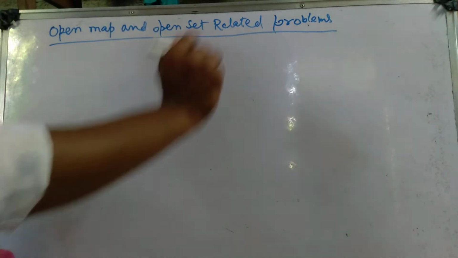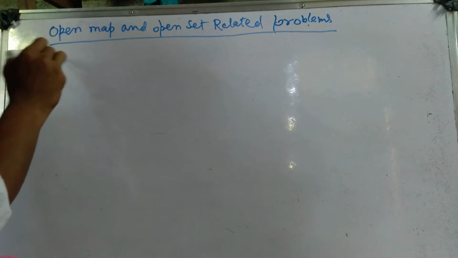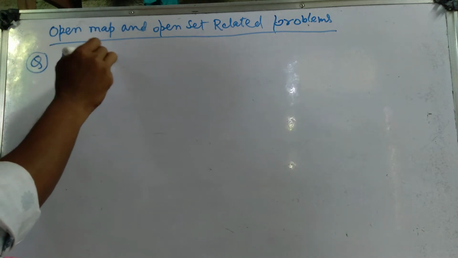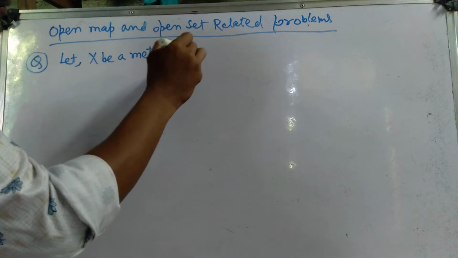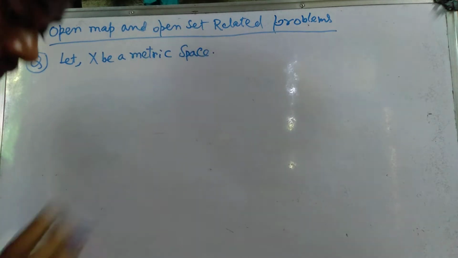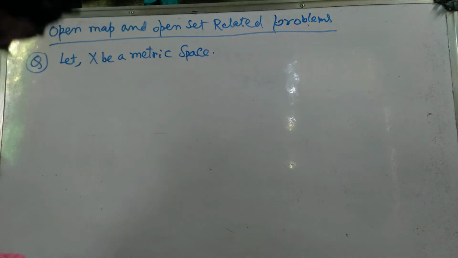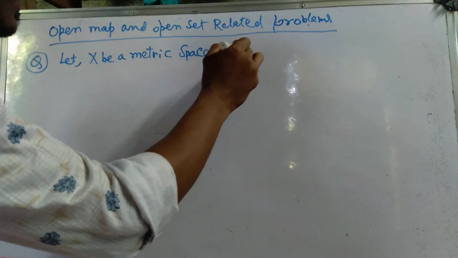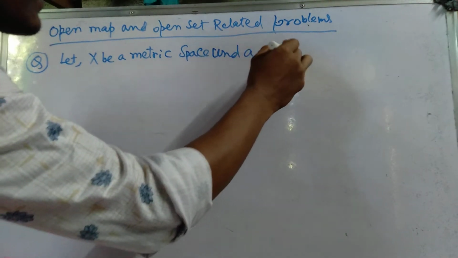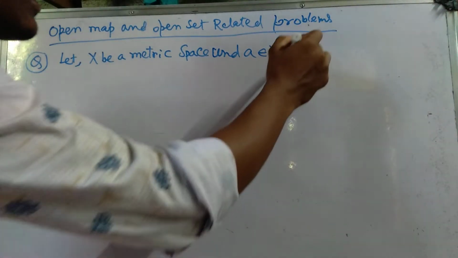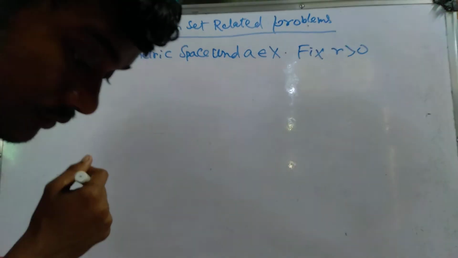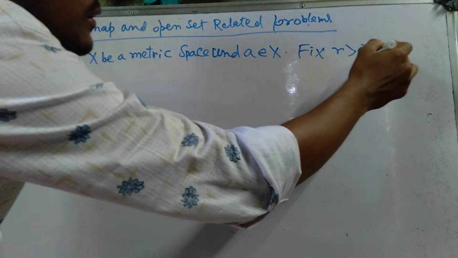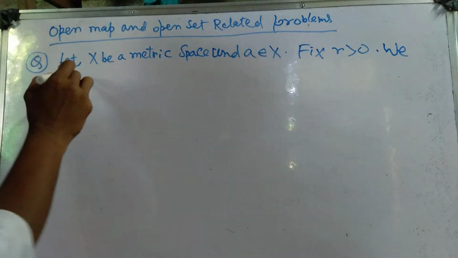Let X be a metric space and a belongs to X. Fix r greater than 0.